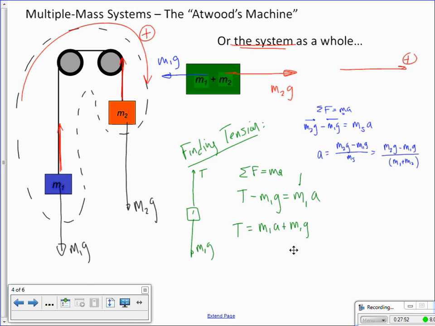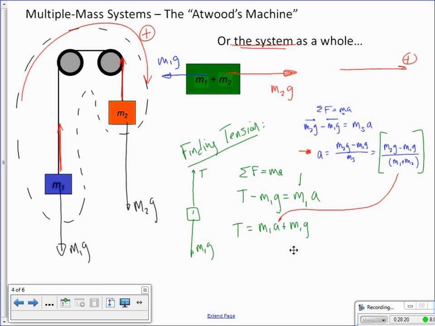Then all you have to do is take whatever number you get for the acceleration and use it there. The rest is pretty easy. It makes a big ugly algebraic expression if you do it all algebraically, but we have to assume that this might be part A of a question, find the acceleration of the system, and then second, find the tension on the rope.